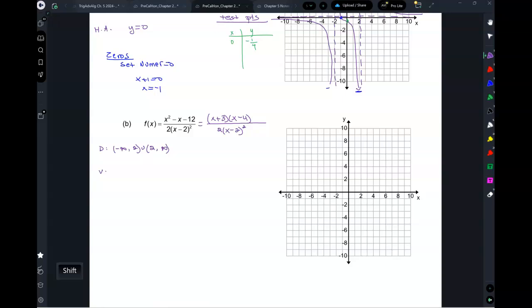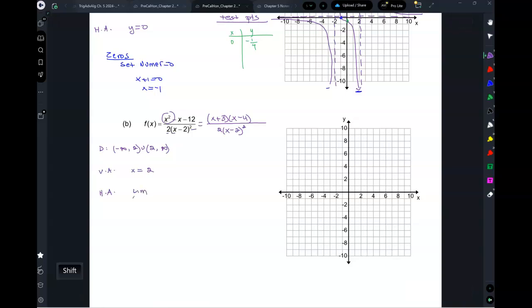What's the vertical asymptote? X equals 2. Horizontal asymptote? So it's going to be 1/2, right? Because we have x squared and 2x squared, so it's 1/2.